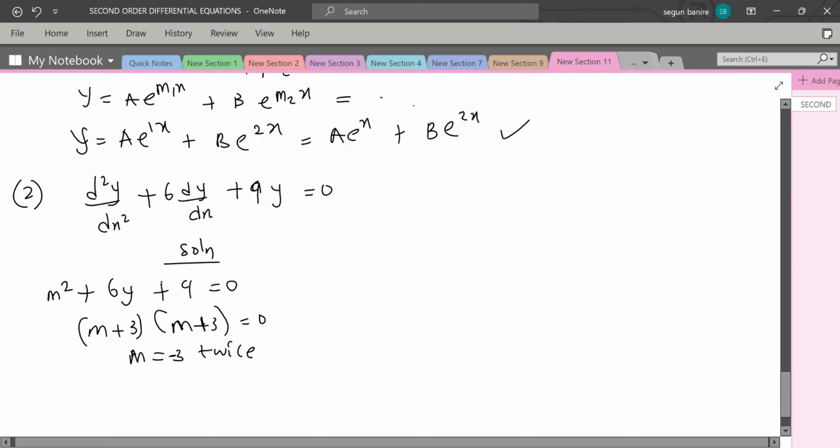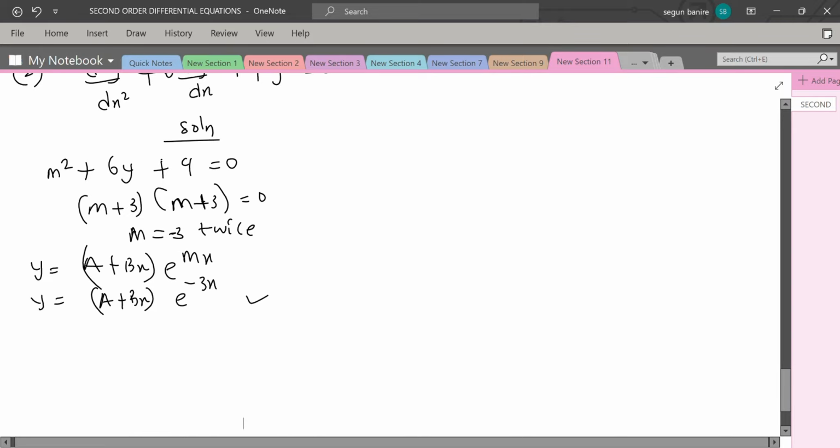So you could see that you have equal roots. So the general formula for equal roots is (a plus bx) e^(mx). So your m now is minus 3. So you put minus 3 here, and that will be all.